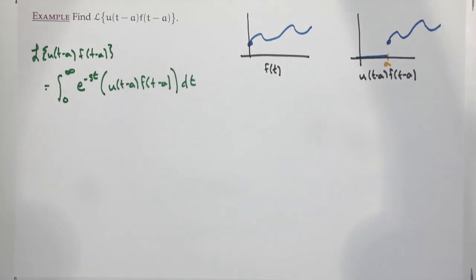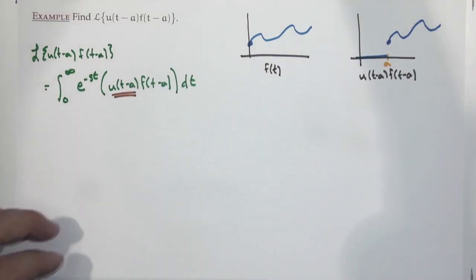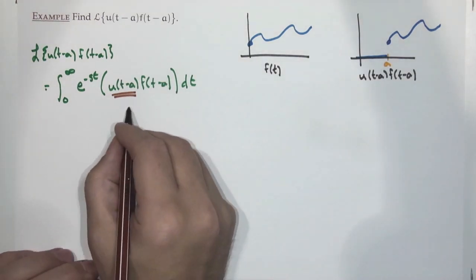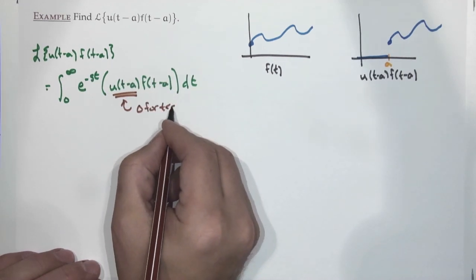Okay, well, this u of t minus a, what does that tell us about our integral? Change the bounds. Okay, where are we changing the bounds to? A to infinity. Why do we change our bounds from a to infinity? Yeah, so the key here, this will be 0 for t below a.